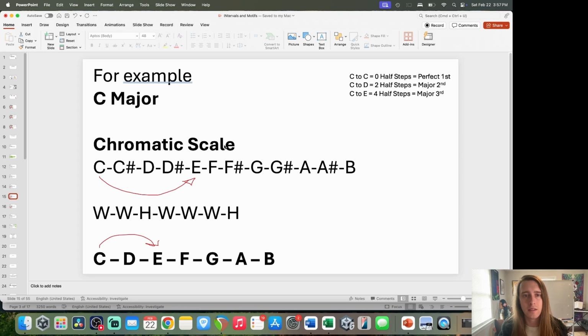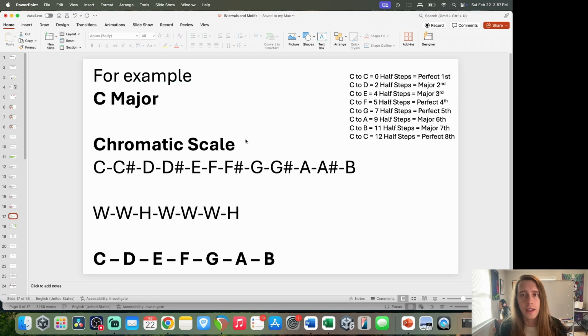C to E, then in the major scale is the next scale degree. If we go to the chromatic scale, we see it's 4 half steps, which is also called a major third. C to F is 5 half steps, or a perfect fourth, and it continues all the way to G, A, and B to give us a perfect fifth, major sixth, major seventh, back to a perfect eighth, or an octave.